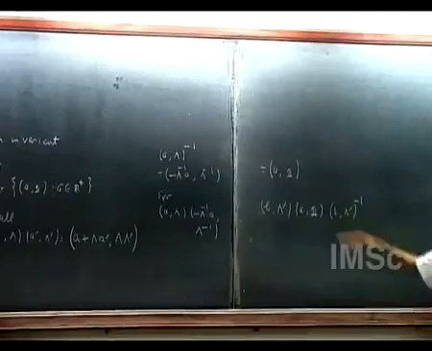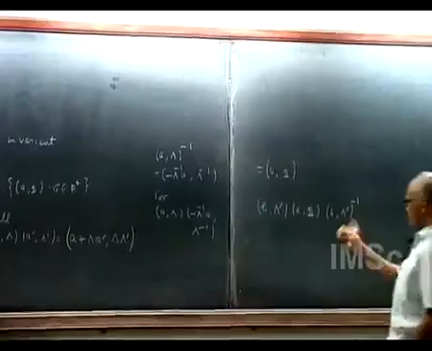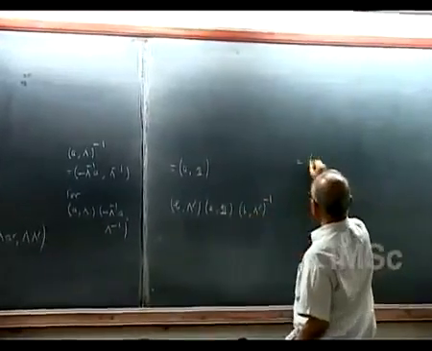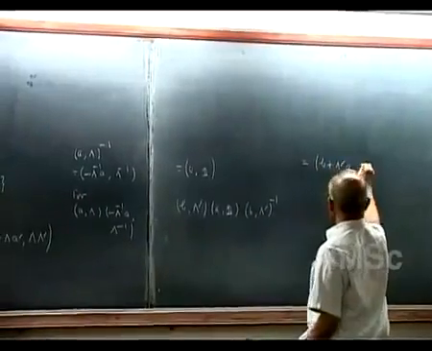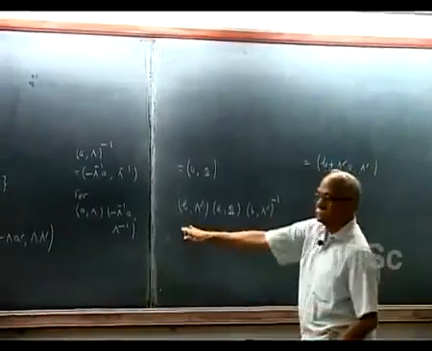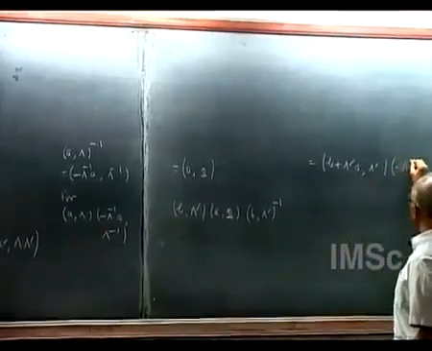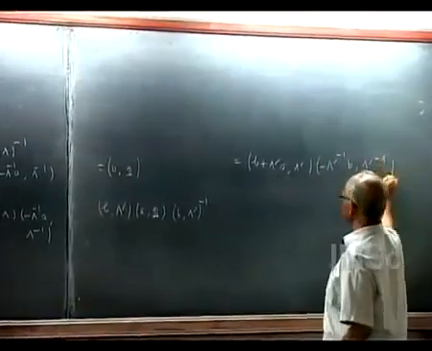I want to show that this is another translation. So, we just work it out. This is equal to (b plus lambda prime a, lambda prime) from here, then the inverse of this, which is (minus lambda prime inverse b, lambda prime inverse).